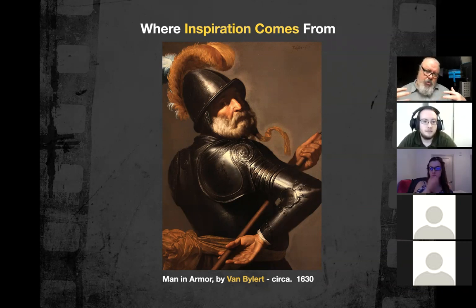It's easy to take some of these things for granted. But realize that this guy painted this image in 1630 with only the benefit of maybe window light or candles, and he understood how light was going to affect all of the detail and the filigree in this armor and the metalwork and the tooling.